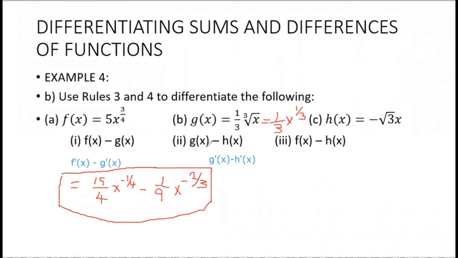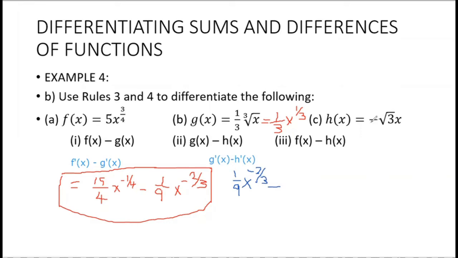So, kuha natin ang g prime of x. Meron na tayo nun. Ito na yung ating g prime of x. Rewrite na lang natin. So, gawin natin 1/9 x raised to negative 2/3 minus ang derivative naman ng h of x.